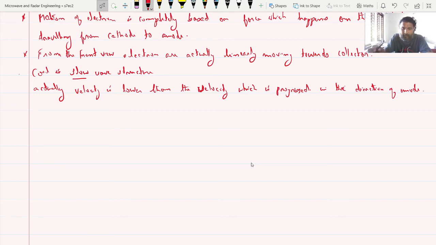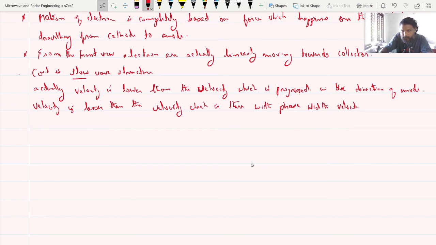That is nothing but the velocity observed in the direction of the anode. So the velocity is lesser than the phase velocity that happens to these electrons.